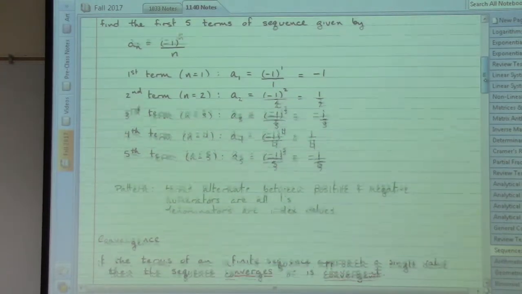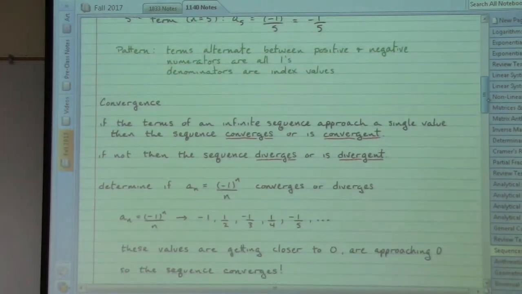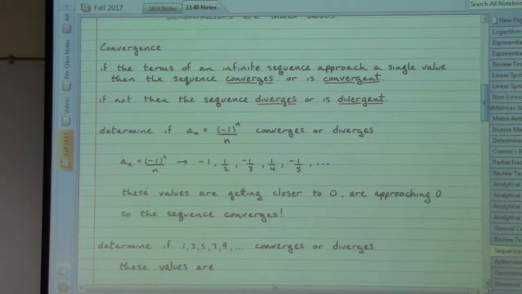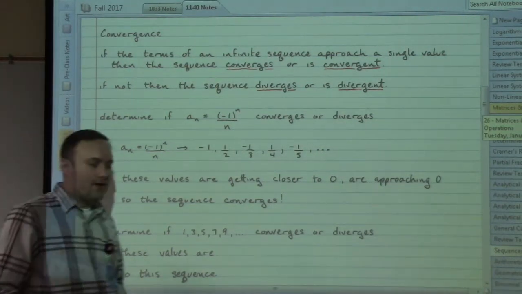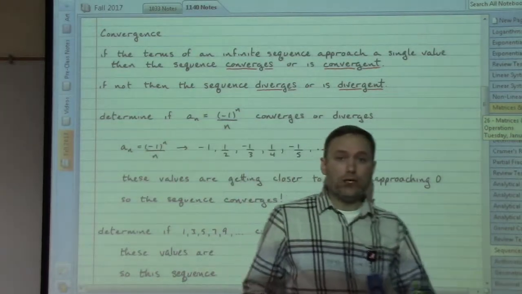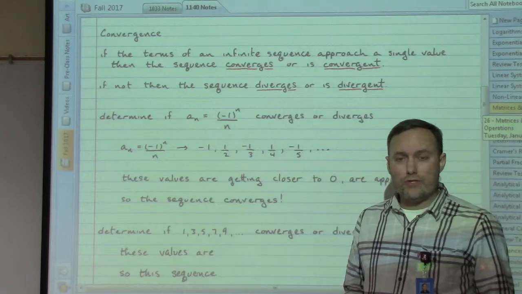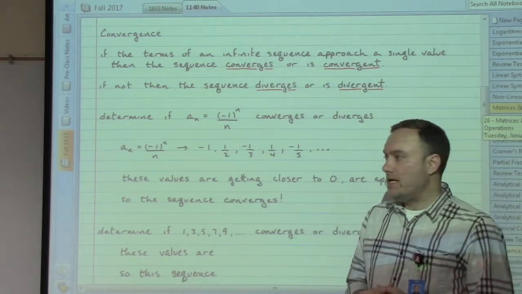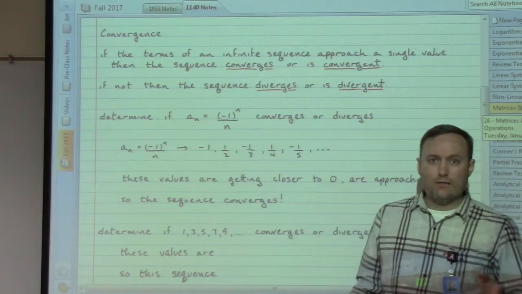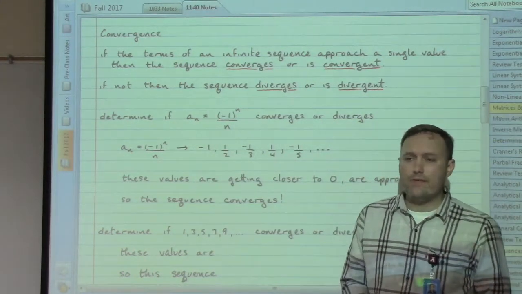A characteristic that we would want to consider, because at some point it may be important to know what sort of larger pattern is happening with a sequence. Is it getting closer to a set value? Is it decreasing and getting close to a set value, increasing and getting close to a set value?